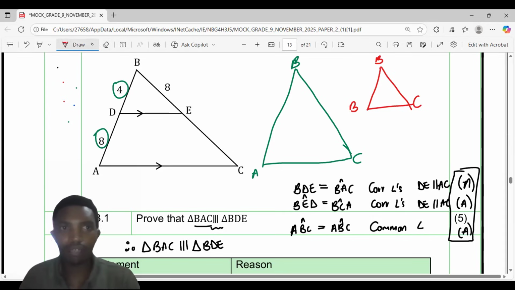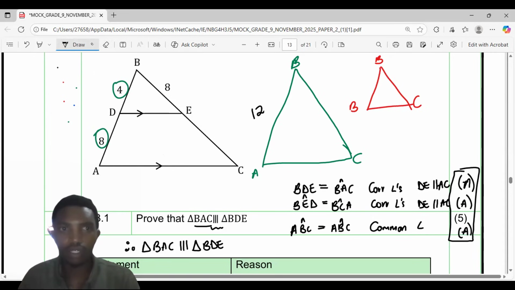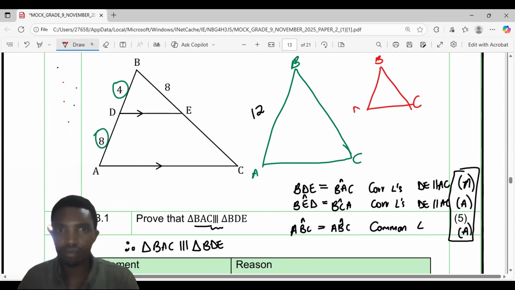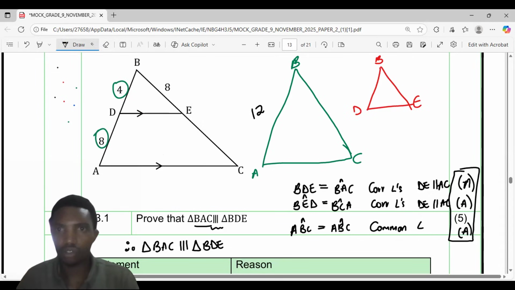So we said previously that from A to B, it is 12. And then how much is it from B to D? B to D, it's 4. So we know here it is 4. And then BE, how much is BE? 8.